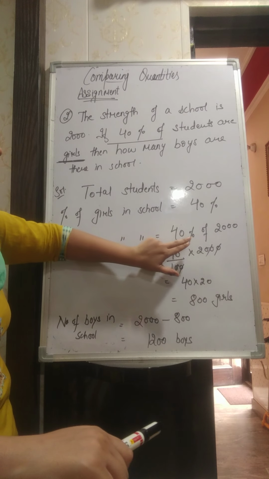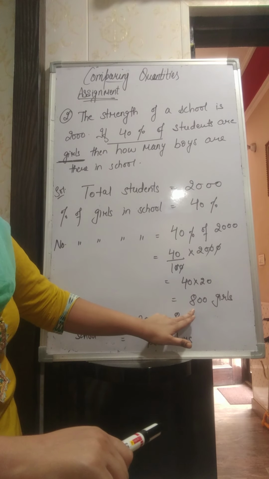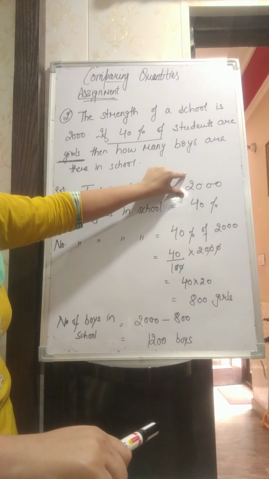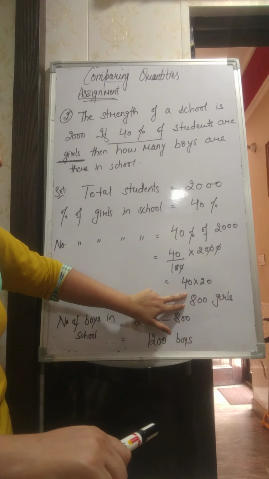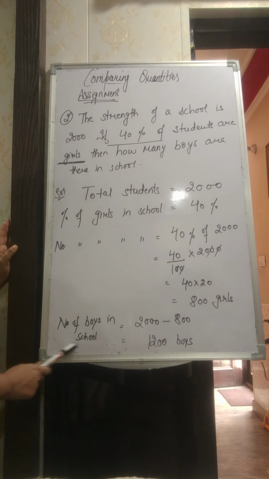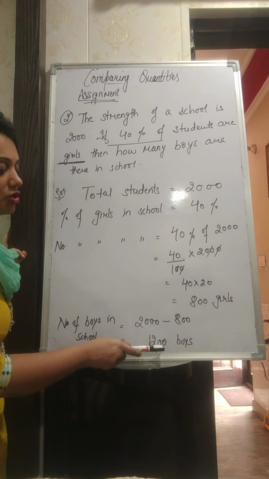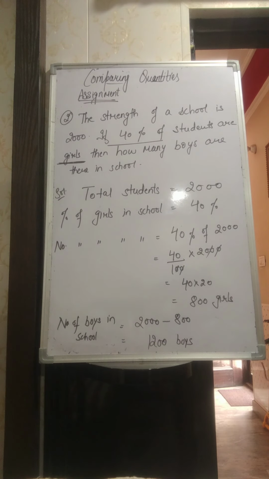Of the total means 40% of 2000. That comes out to be 800. So the total strength is 2000, number of girls are 800. Therefore the number of boys are total minus the number of girls, that is 1200 boys.